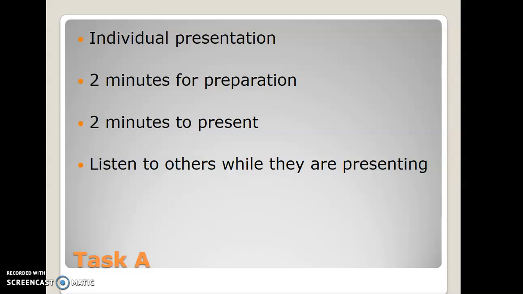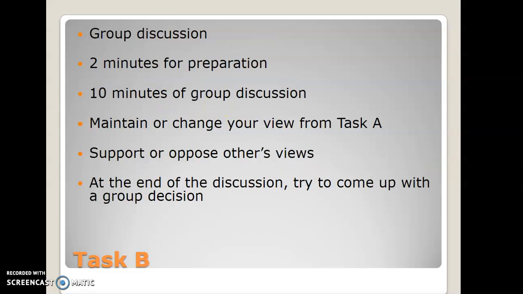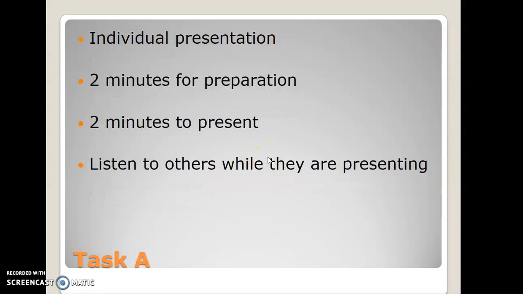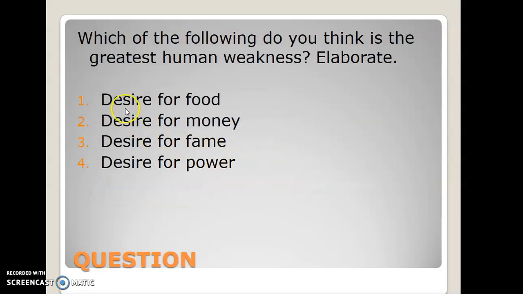This is something that I have explained before. All right, individual presentation. This is the group discussion. During the group discussion, you may support or oppose others' views. Let's just say you are candidate 1, you get the point of desire for food, but then again, you think, I don't really favor this point.